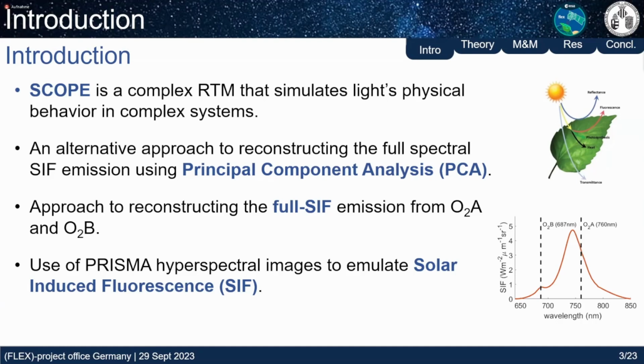The idea is to obtain an approach to reconstruct the full SIF emission from the oxygen A and B values obtained by the spectral fitting method. After that, once we reconstruct the full SIF, we will use Prisma hyperspectral images to train an emulator and to obtain the full spectra of solar-induced fluorescence.